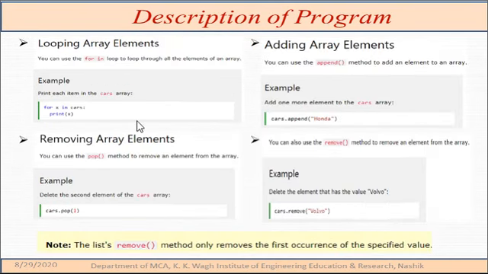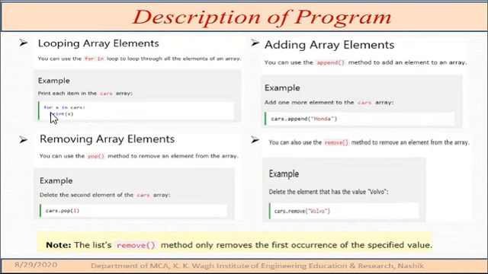Likewise, how do we loop over the array elements? For looping over the array elements, as we have already implemented in other programming languages, for an array we always take help from the for loop. So by using the for loop we can perform array operations. We have already discussed how to implement the for loop in Python, but let's say we have a loop with the keyword for, then the variable x in cars, where cars is your array name.